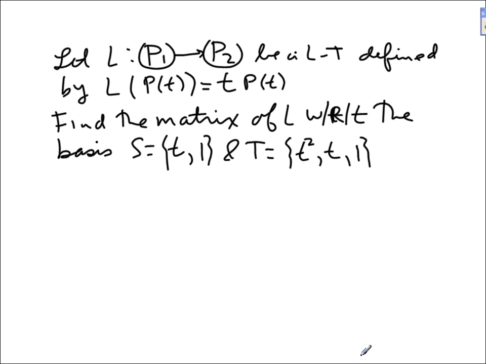We want to find the matrix A. Okay, so first we want to find L of each vector in the basis for P1. We want to find L of T. We want to find L of 1.